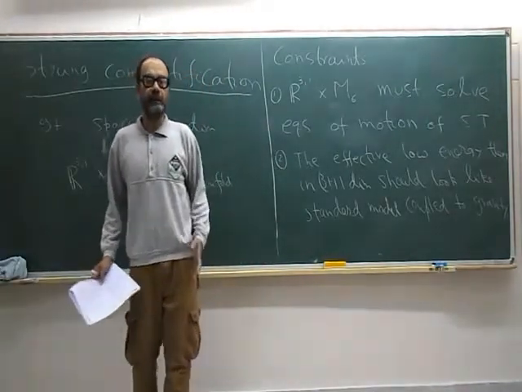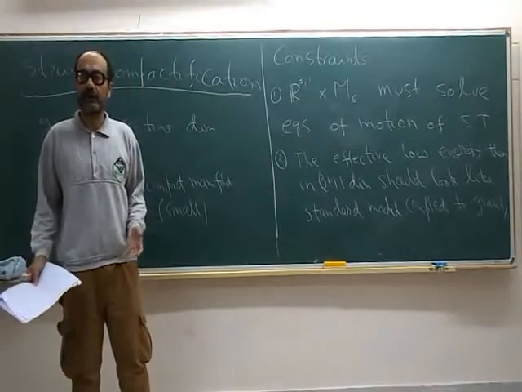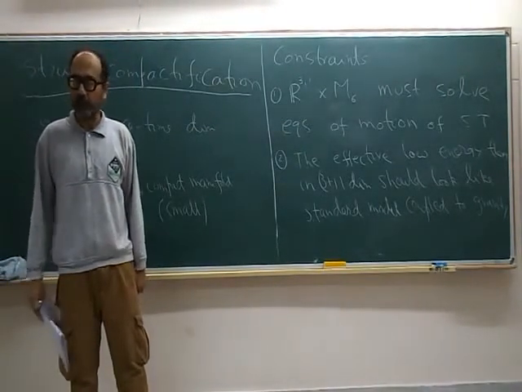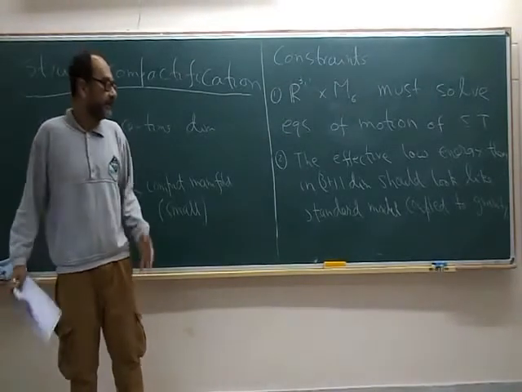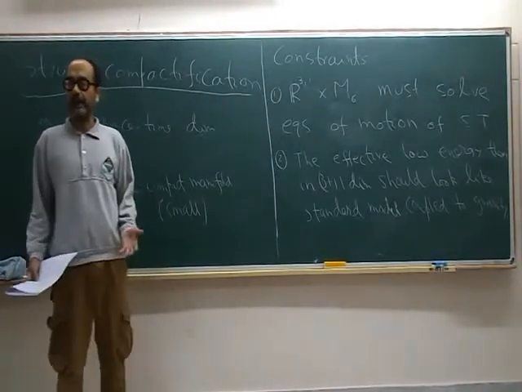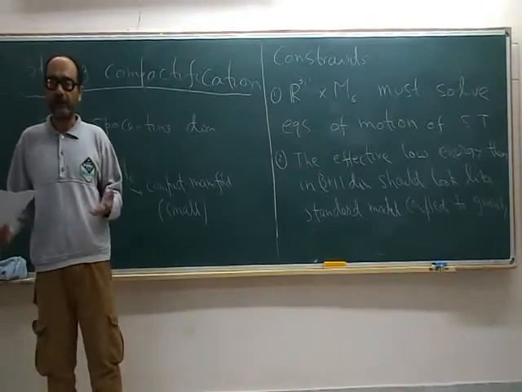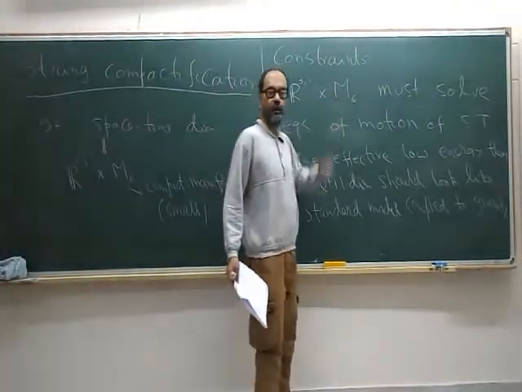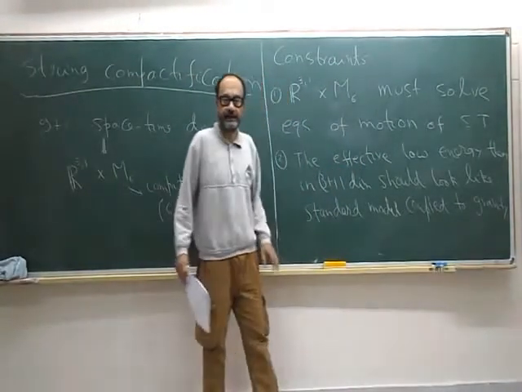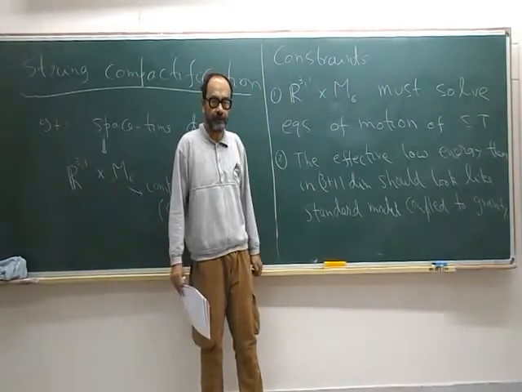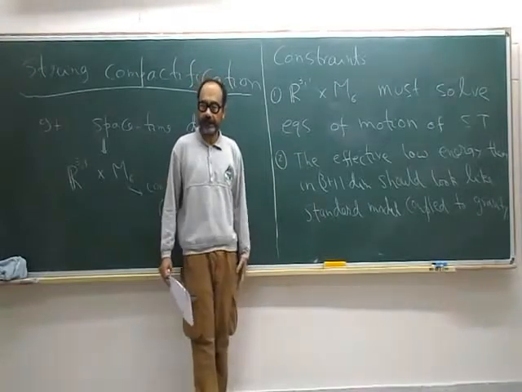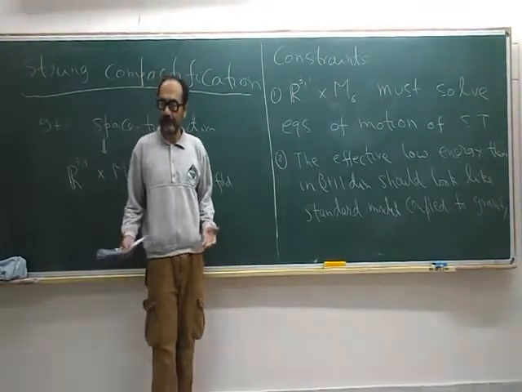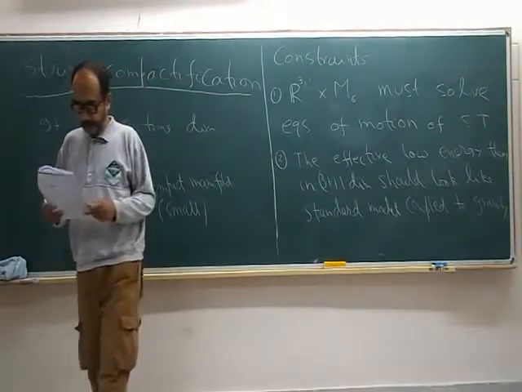We have to learn how to decide whether some particular compactification is a solution to the appropriate string equations of motion, and then given that, how to extract the low energy physics from the solution. Suppose somebody gave you some M6 and told you that this does solve the string equations of motion. How do you know from that what the low energy physics looks like? What kind of particles does it have? What kind of interactions does it have, and so on.